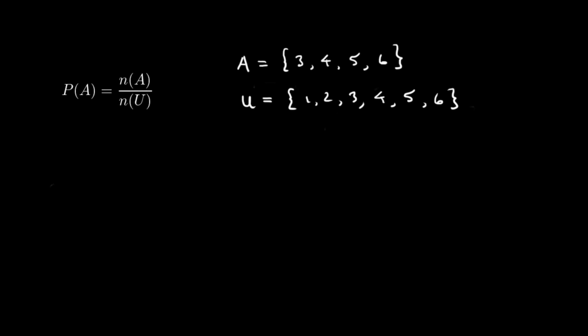So remember, we have 2 sets here. A is a subset of U, the universal set. And we're not interested in just dividing sets because that doesn't make any sense, which is why we have to count the number of elements in each set, which is why you see that n in front of the brackets in each of those set names there, A and U. So the probability of this event A is the number of elements in the subset A, which of course is 4, divided by the number of elements in the universal set or the sample space.